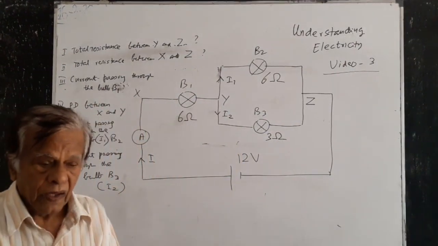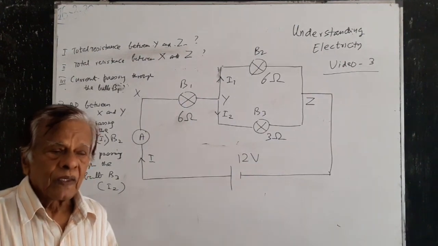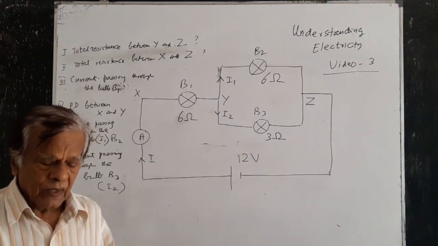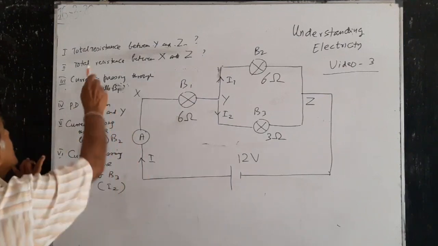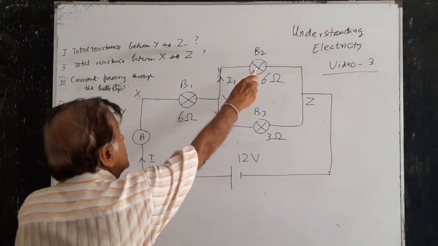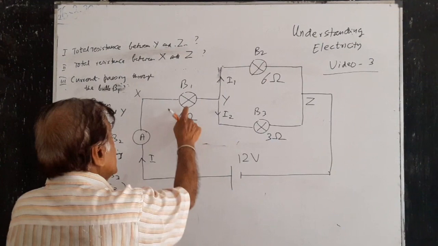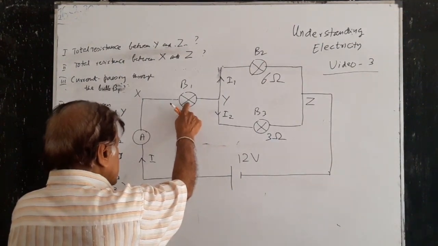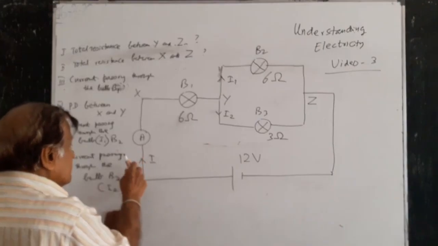Now, let us discuss the given question from this video. Read the circuit. These two bulbs are connected in parallel and this is connected in series. This is the ammeter.